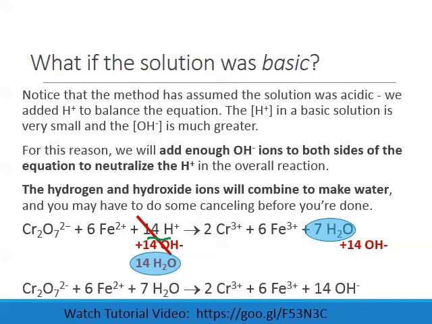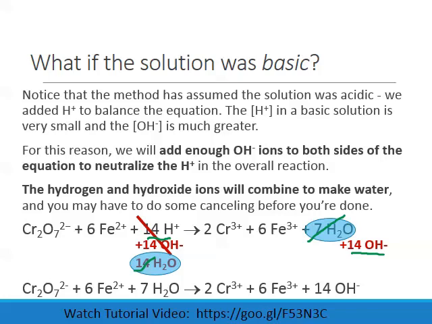Dichromate, 6 Fe2 pluses, instead of 14 waters, we've only got 7. That's because we canceled out the 7 that were on the right. Canceled a smaller number from both sides. 2 chromium 3s, 6 Fe3 pluses, and now those 14 hydroxide ions that we added to the right-hand side as well. So there's a balanced equation in basic solution.